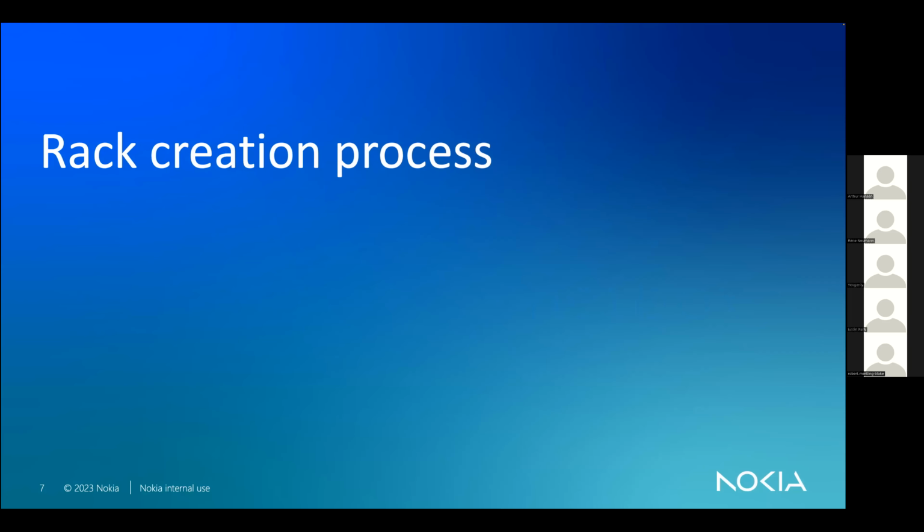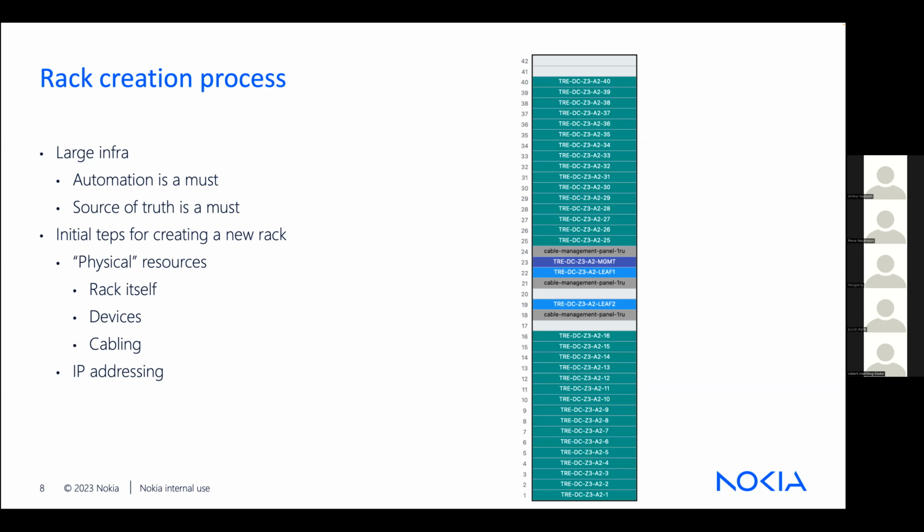And then about how we populate the data into NetBox. So our rack creation process. As our infrastructure is rather large, automation is a must, and defining the source of truth is also a must. This means that we need to document everything first to NetBox before we deploy anything to production. The most common use case is adding new resources, which starts by adding a new rack to NetBox.